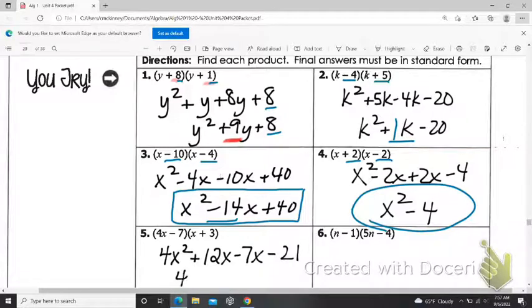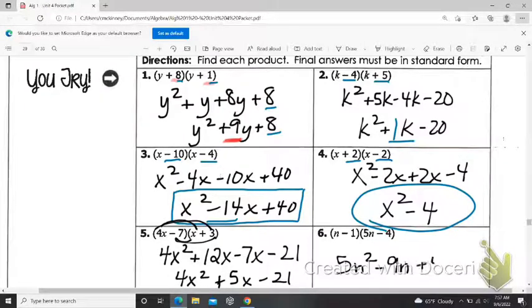So then when we combine, you can still do some things in your head, but it's not nearly as obvious now. So again, here, here, here, here, final answer.